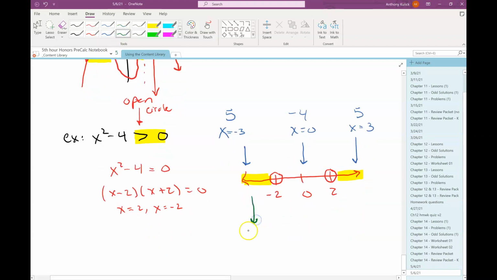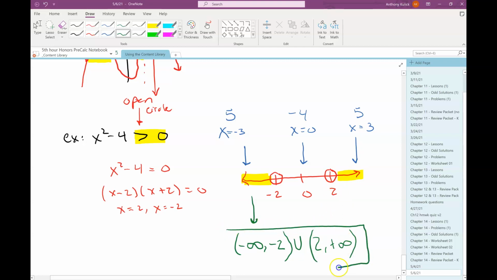So to describe this section of the graph, I'm going to use an interval. So negative infinity to negative 2. And because this is an open circle, I'm going to remember to use a parenthesis rather than a bracket. Then 2 to positive infinity, and again, because that was an open circle, I'm going to remember to use a parenthesis rather than a bracket.